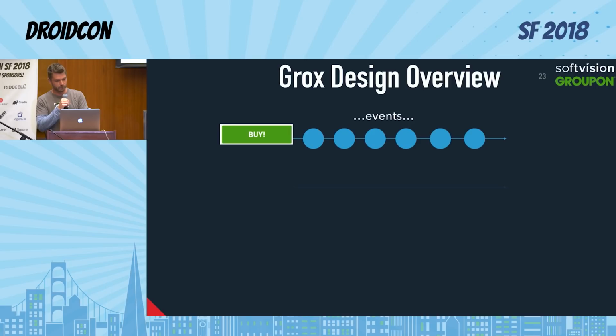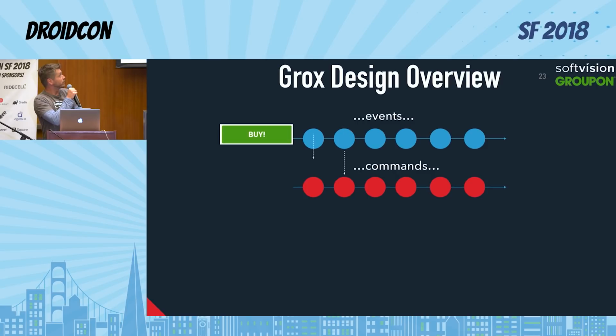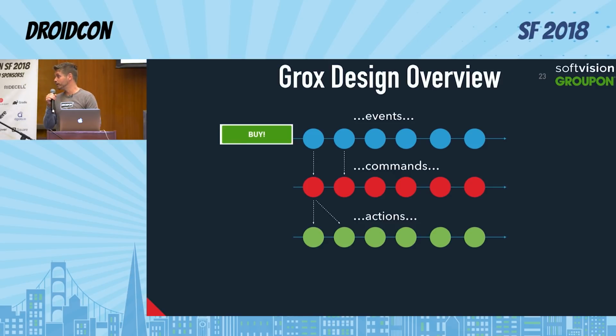Then from these events, we're going to map them into commands. Between the events and the commands, there is a one-on-one relation. So one event is going to trigger one operation. Then from this stream of commands, we're going to transform it into a stream of actions. And the relation between commands and actions is a one-to-many. So one command can actually create multiple actions. I will let Alin detail this in a second.